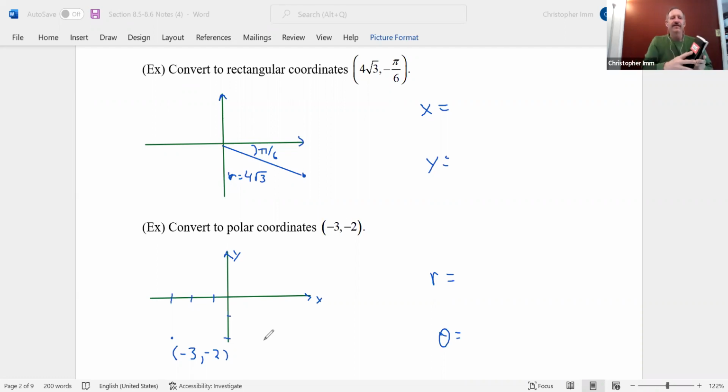So for the second one, you'll definitely need a calculator or something like Desmos. You'll probably be able to get that R exactly, but that theta you might need a little help with. Even a Google calculator would probably be enough to give it to you.